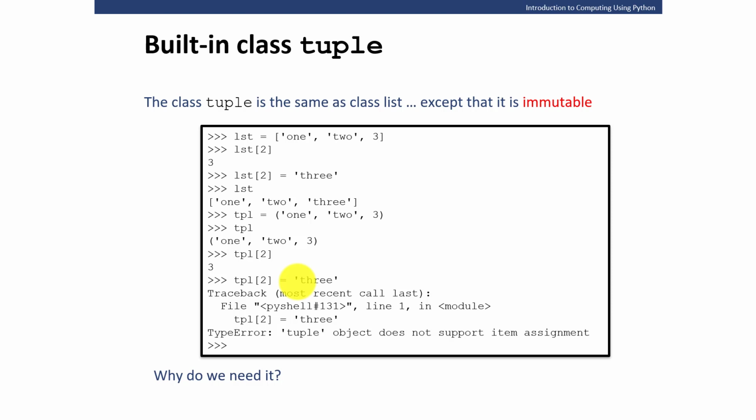This is outside the scope of this course, but the thing is, tuples are very quick when it comes to operations, and they support the same operations as lists, except those which modify the values of the tuple. So basically tuple is used for hashing and indexing, and this is what you will understand in the data structure course.